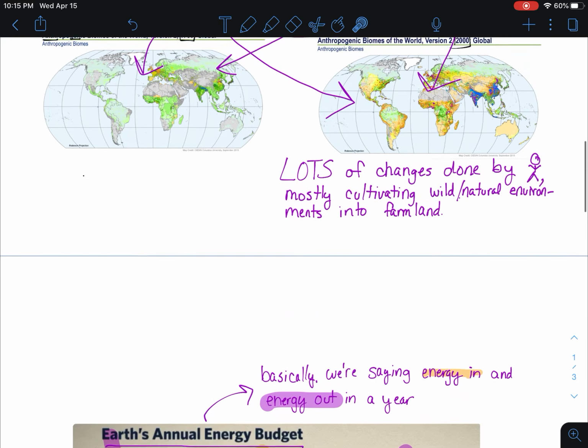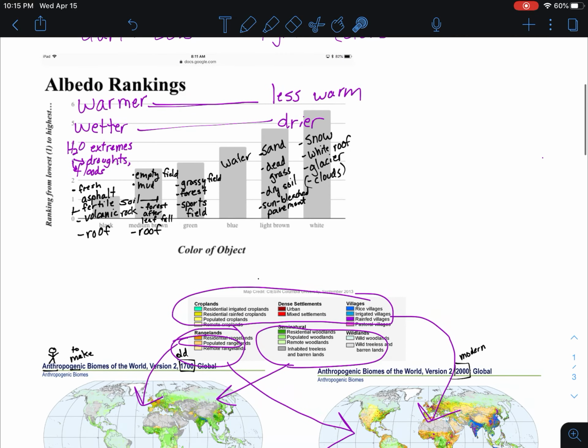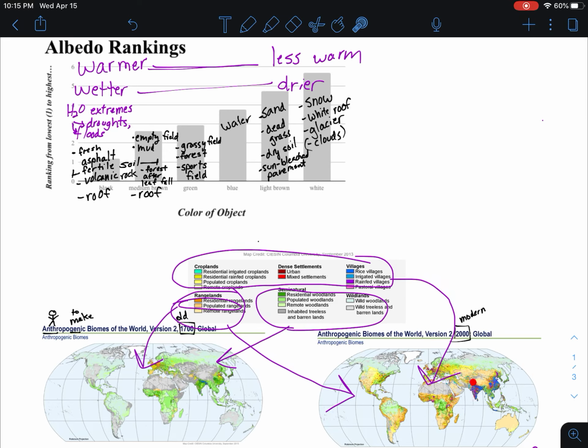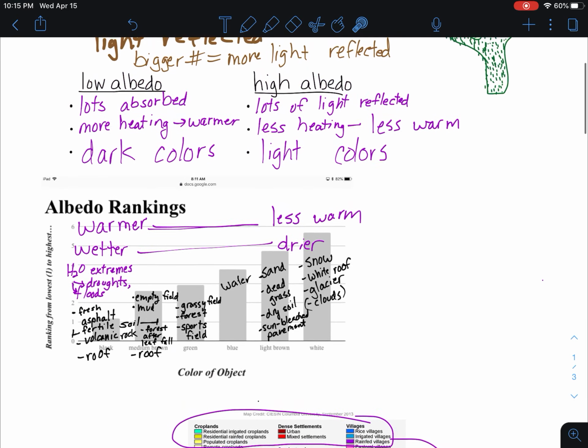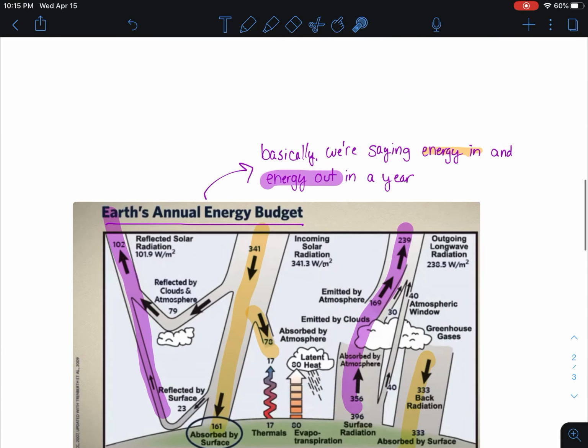Now, what has this done to the overall climate on Earth? Well, it has caused shifting, because as we make these changes to the land use of the surface, we are changing the color of the surface. As we are changing the color, we are therefore changing the albedo and therefore how much light is reflected or absorbed.